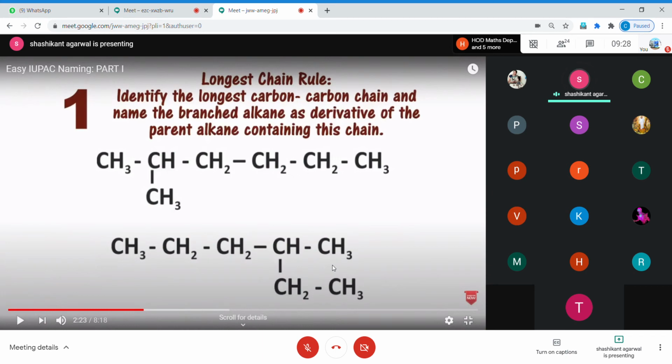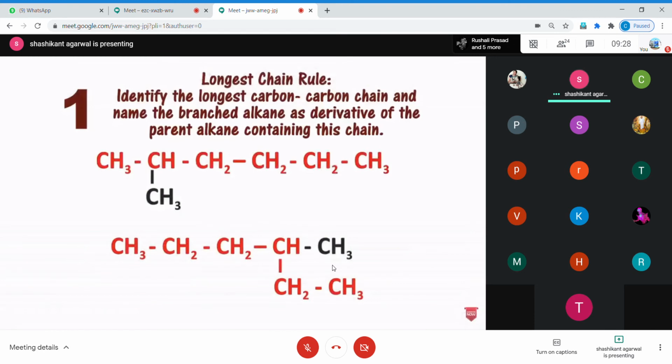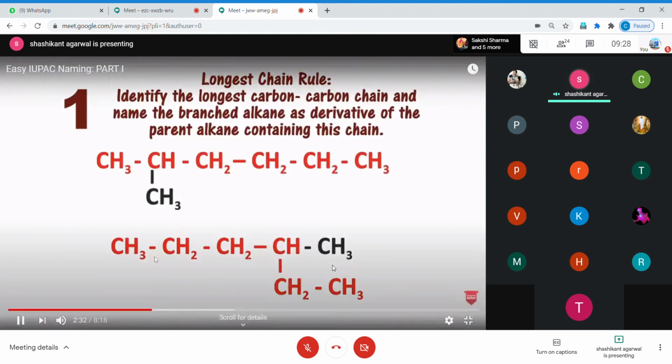And depending upon a double bond or triple bond, you will use heptene or heptyne. So the first rule is that you have to select the longest chain. The following example shows, in red, the longest carbon-carbon chain.